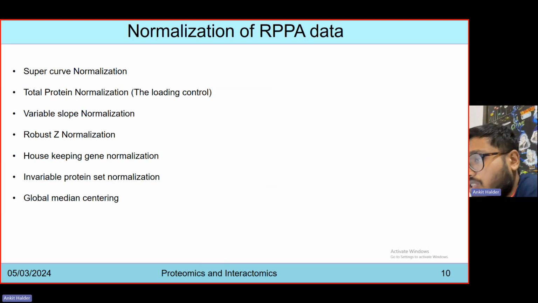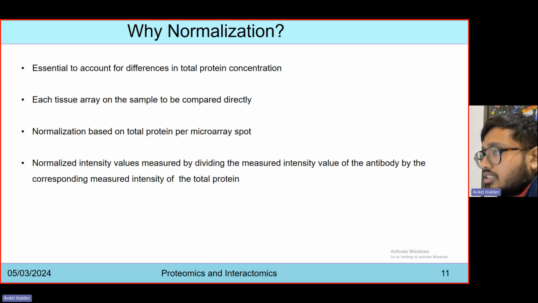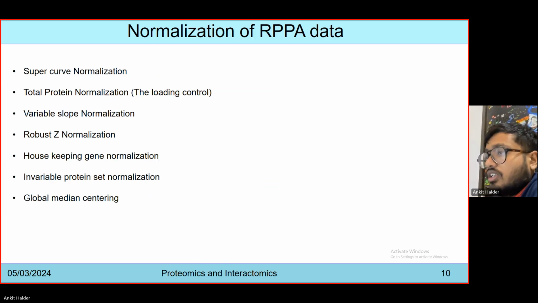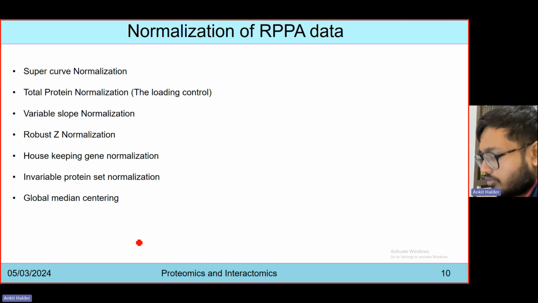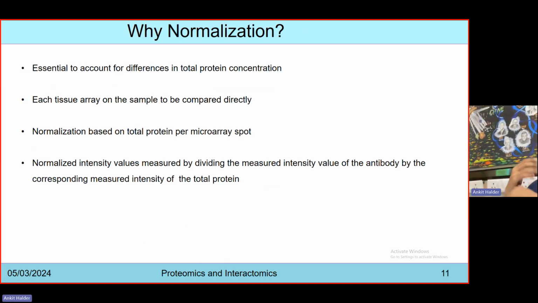Then invariant protein set normalization or the global median centering. These are the major normalization techniques that you need to use, keeping in mind whatever you are trying to do.